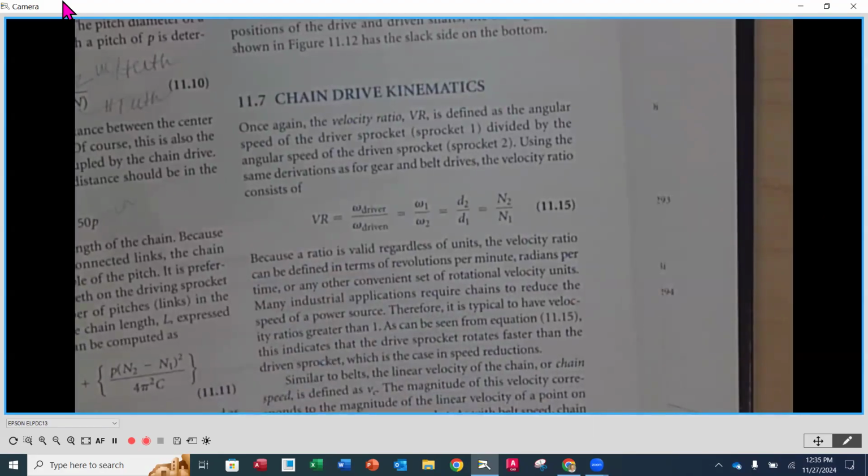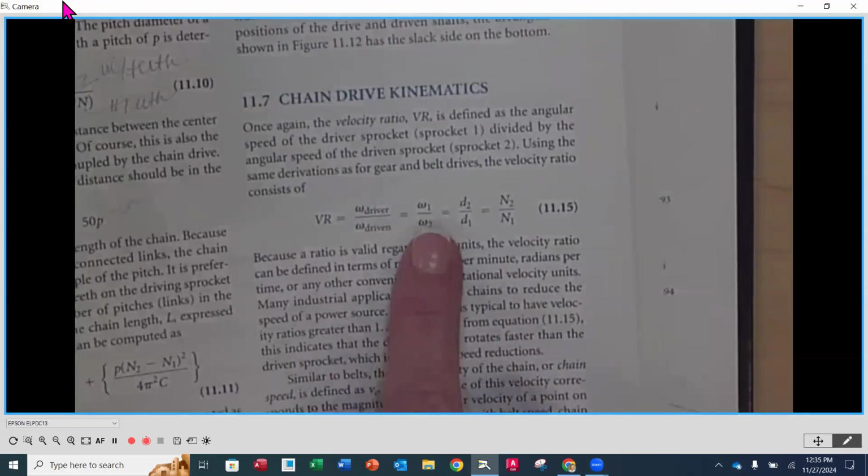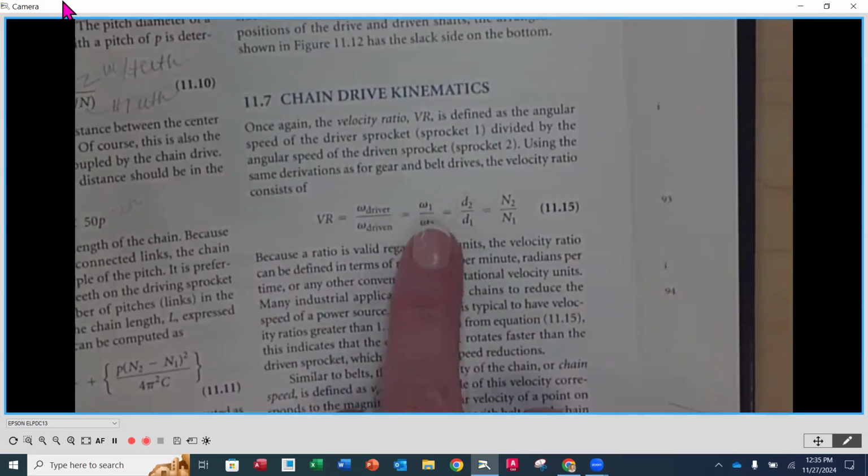Or we can also set that equal to the pitch diameters of the driven to the driver. Make sure you see which one is the number ones and the number twos, because remember, ones are going to be the driver. It's on top here for our angular velocity because it's going to be the faster moving, the larger number on top. Driven is going to be underneath.